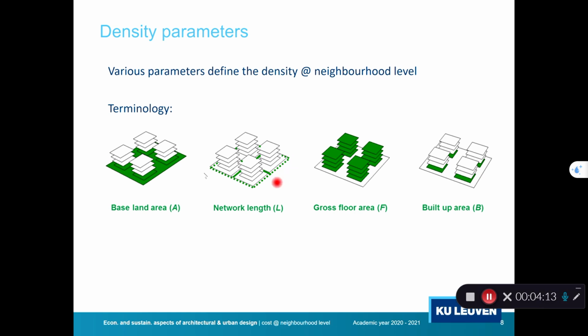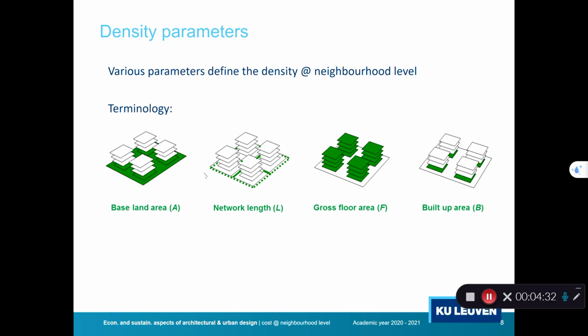The first important data is the land area. So the base land area, it's the full area where we're going to build on. So it's the ground floor which is available for building, which is here indicated with the letter A.